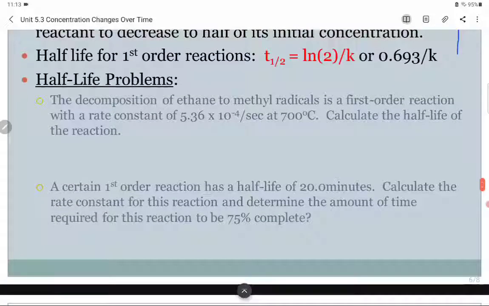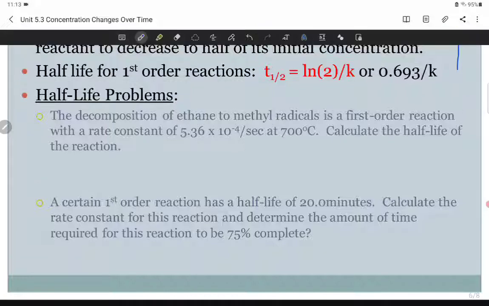Decomposition of ethane to methyl radicals, first order. So someone has already determined that. The rate law constant is given. Calculate half-life. So T1/2 equals natural log of 2, we could write that, or we could write 0.693 divided by 5.36.